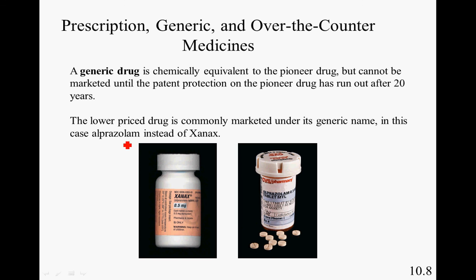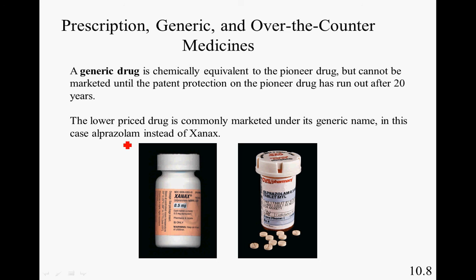Let's turn this back to the consumer viewpoint. You may remember getting a prescription filled and the pharmacist asking if you wanted a generic version. A generic drug is chemically equivalent to the pioneer drug, but cannot be marketed until the patent protection on the pioneer drug has run out after 20 years.